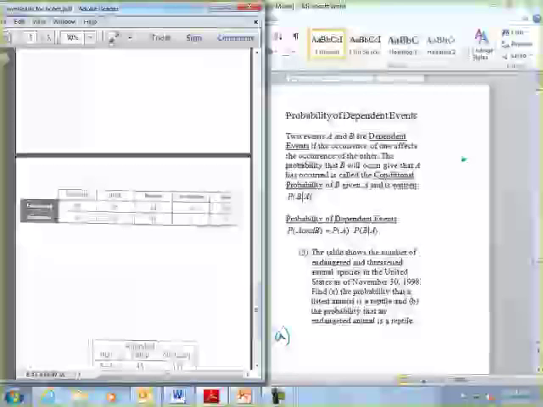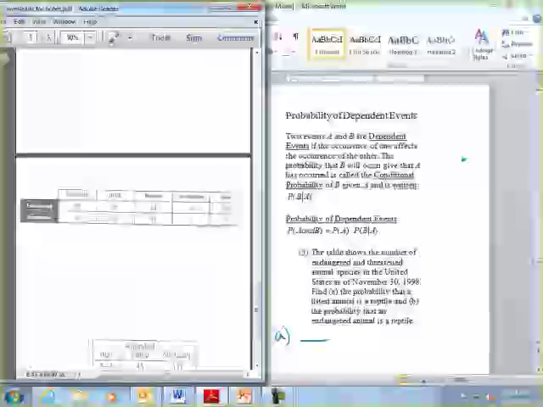Part A, we want to find the probability that a listed animal is a reptile. The first thing that it says there, the listed animal, that's our denominator. So how are we going to find the denominator? What does it mean by listed animal? An animal on the list. So how are we going to find out what number the denominator should be?